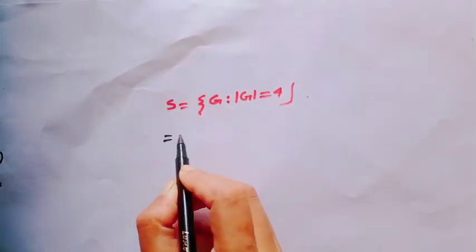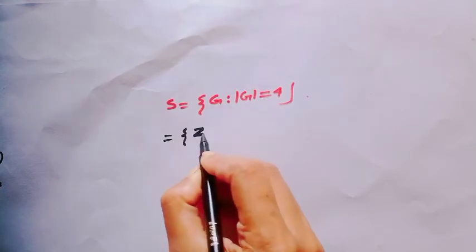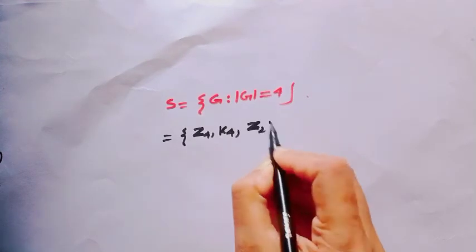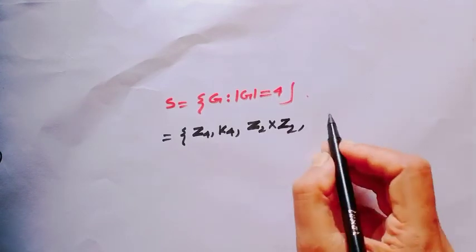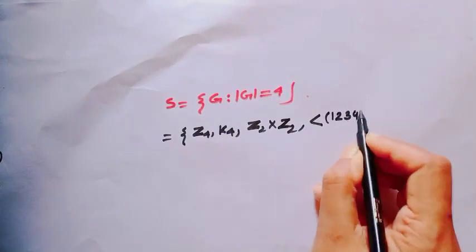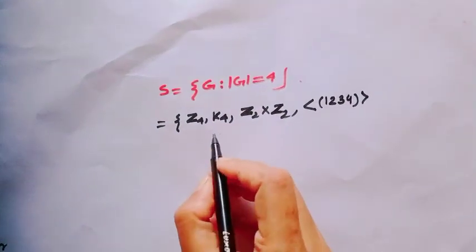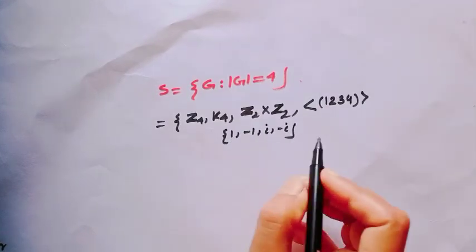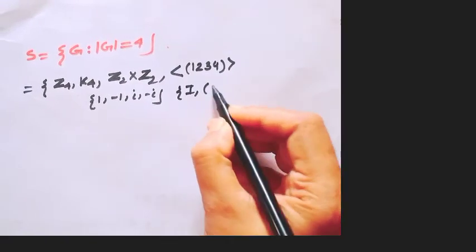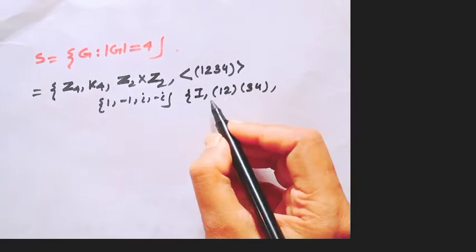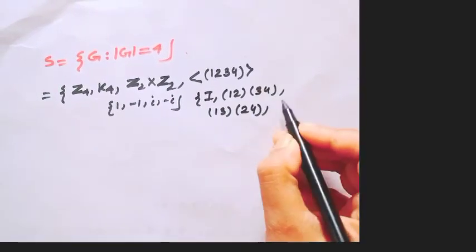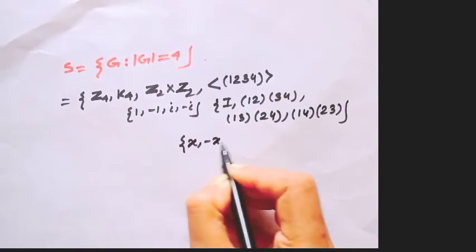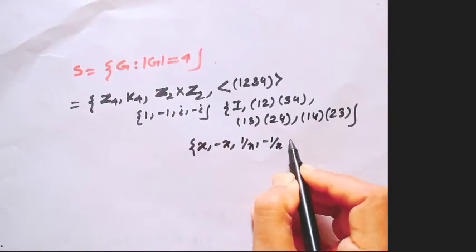That means this is the set of all members: Z4, K4, Z2 cross Z2, the cyclic subgroup generated by 1, 2, 3, 4, the set of fourth roots of unity, that means 1, minus 1, i, minus i, the set containing the elements identity, (1 2 3 4), (1 3 2 4), (1 4 2 3), and others like x, minus x, 1 over x, minus 1 over x, and so on.